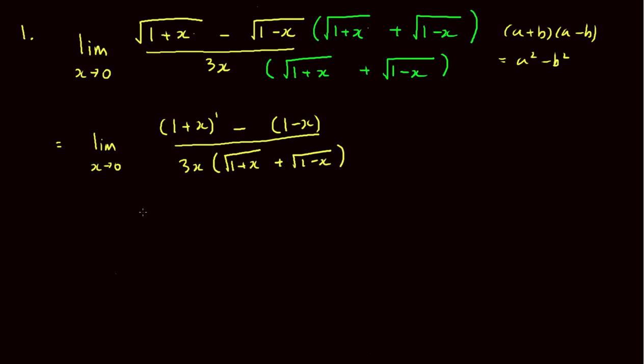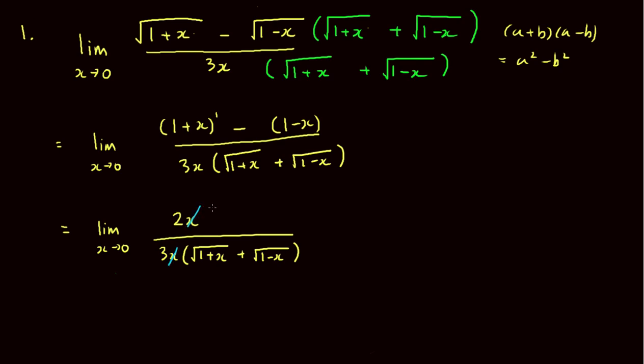Okay, so as we proceed, you end up having x plus x, so we'll end up having 2x over 3x times (root of (1 plus x) plus root of (1 minus x)). We can see there's a common factor between the two, simply x, which will become 1.